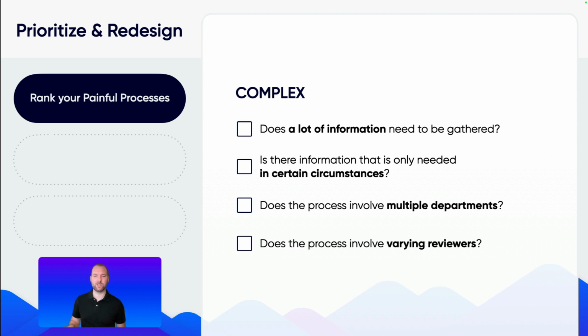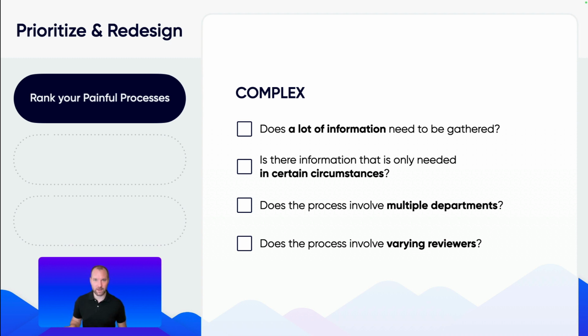And then the last question, does the process involve varying reviewers? In other words, every time this process happens, maybe a slightly different set of people should be reviewing the requests. For example, in my district, our CTE director would really only weigh in as an approver if the requester was a CTE teacher or in some way was connected to CTE.